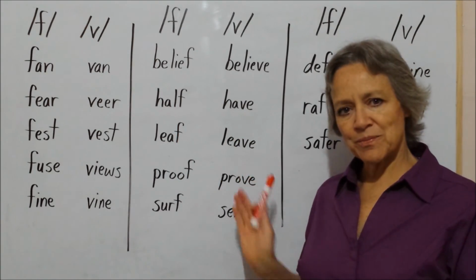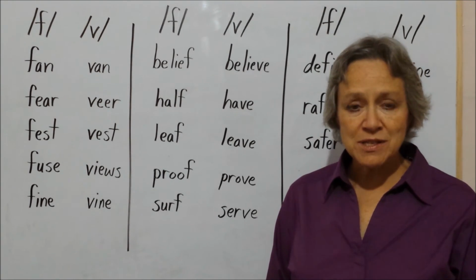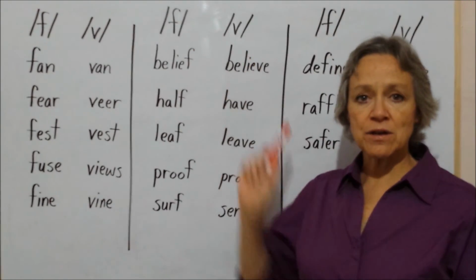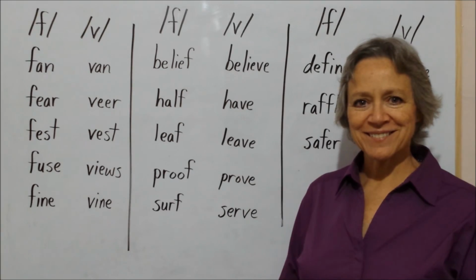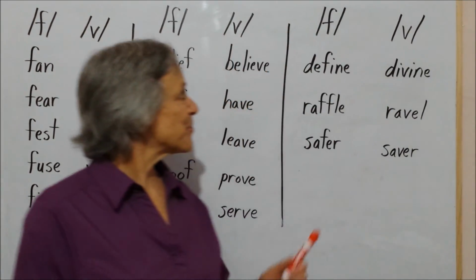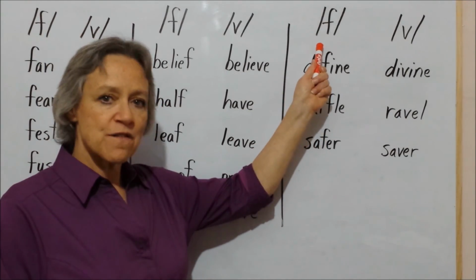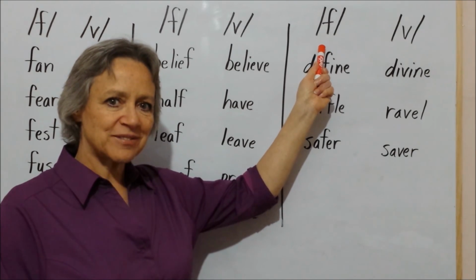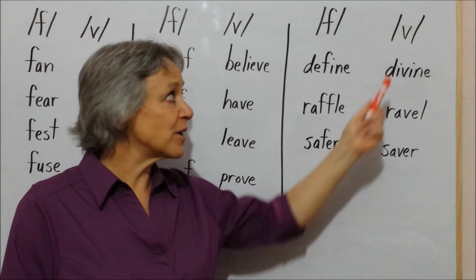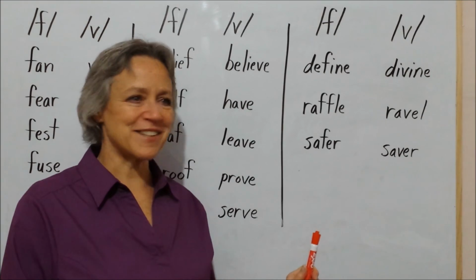So again, the point of this is just to practice words which sound similar, but that do differ in the sounds f and v. Okay? I have two more columns over here. Let's take a look. In this column, I have words with the sound f in the middle of the word. In this column, I have words with the sound v in the middle of the word. Okay? Let's practice.